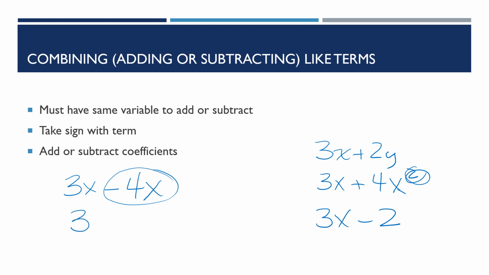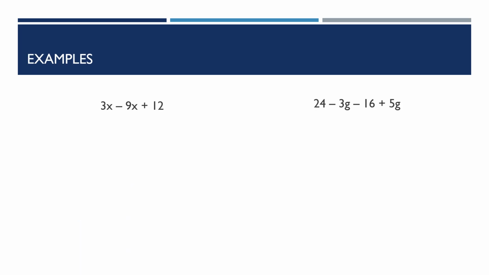Technically, when you add or subtract, you're adding and subtracting the coefficients. So 3 minus 4 is negative 1x. And remember, this is the same as negative x. We have that superhero, the invisible one, that comes down and drops ones when we need them.